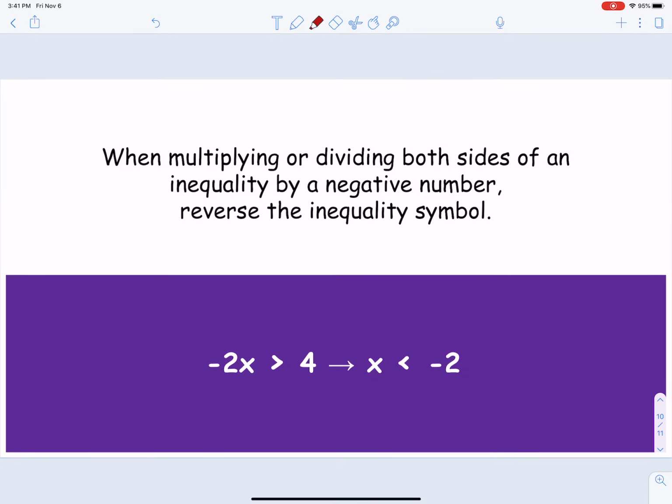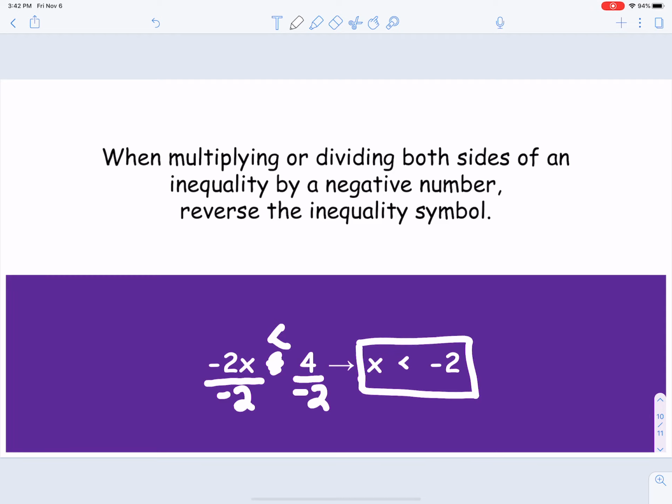So that's 3 different ways to think about why, when multiplying or dividing both sides of an inequality by a negative number, we have to reverse the inequality symbol. And as you can see down at the bottom here, when we divide both sides by a negative 2, we have to reverse the inequality symbol to keep it as a true statement.